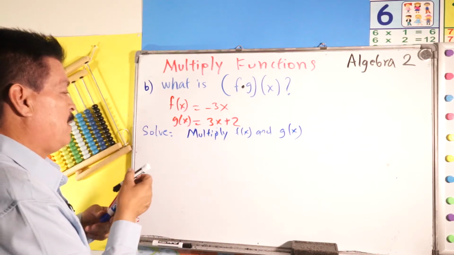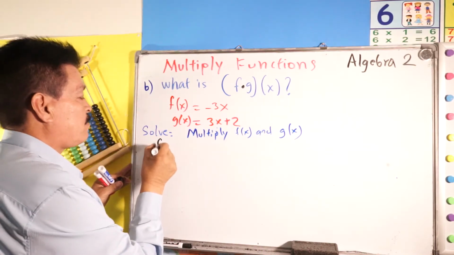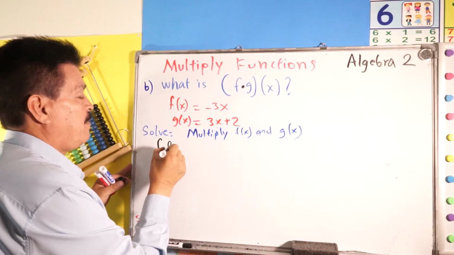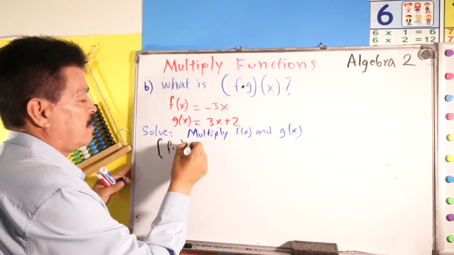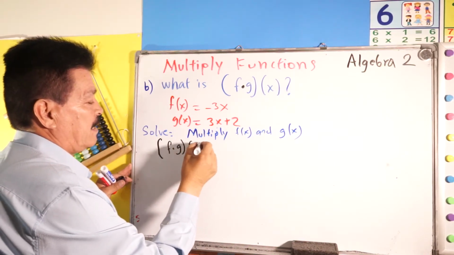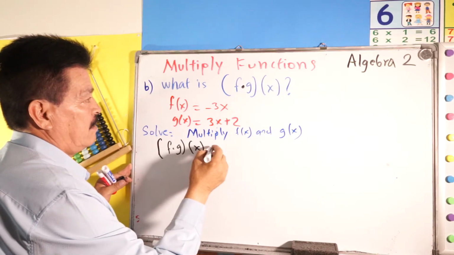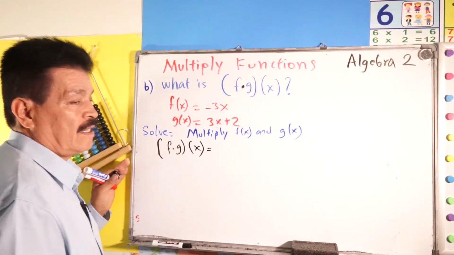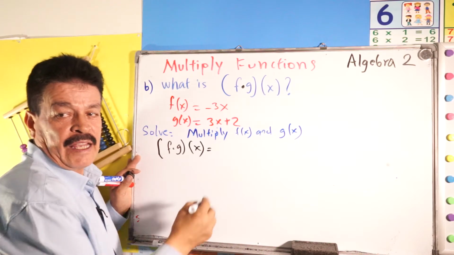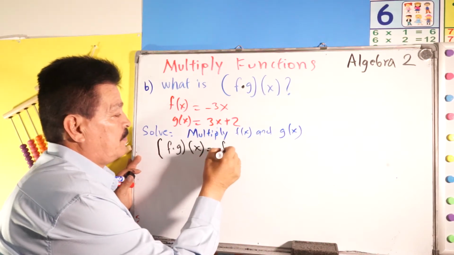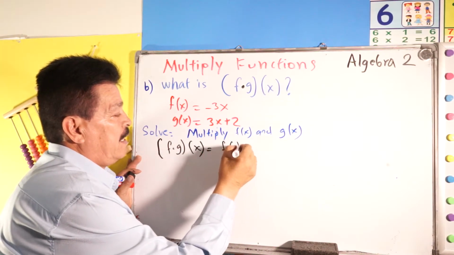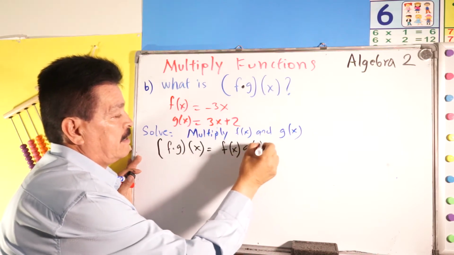Just write here f times g of x, okay? So this equals f of x times g of x.